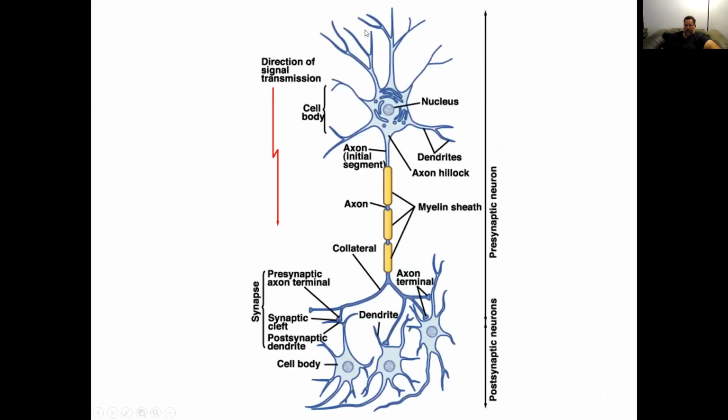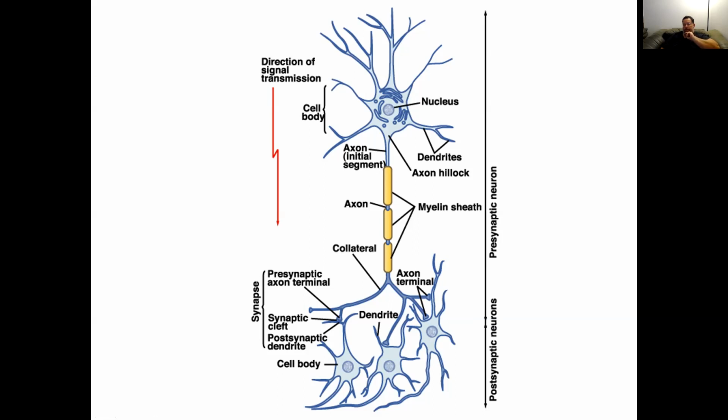So again, information will travel from the one neuron to the next neuron. This one you should notice they're actually referring to as the presynaptic neuron. That means it's in front of the synapse. So this is the synapse, the space between this axon terminal and this neuron. So this is the presynaptic neuron in relationship to this neuron, which is the postsynaptic.